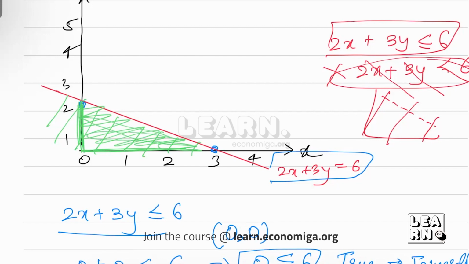I'm elaborating here because generally you don't really understand where this shading is coming from. This is from your class 11th logic of inequalities, right?